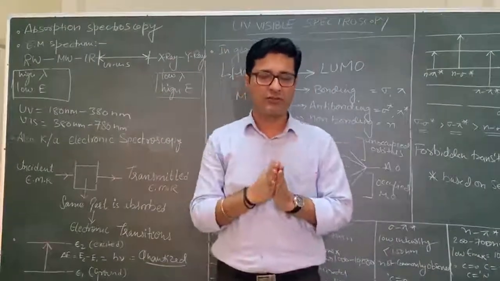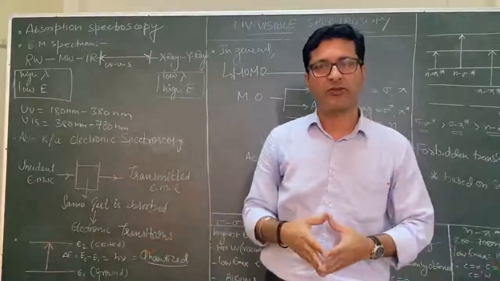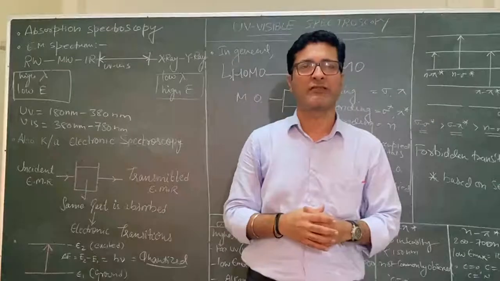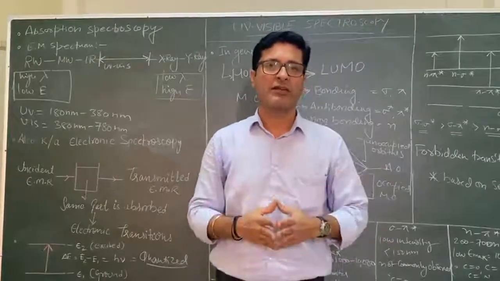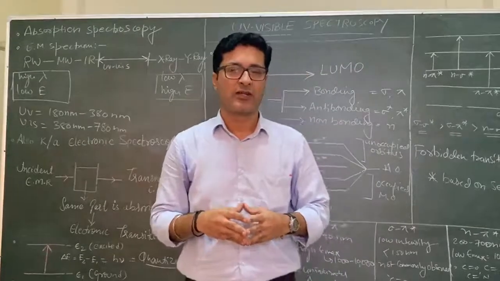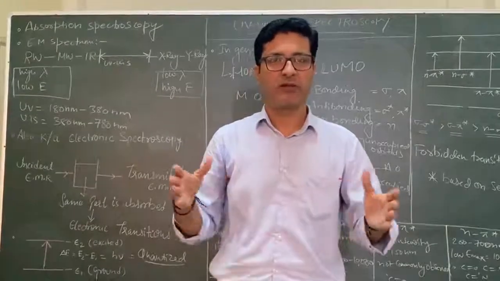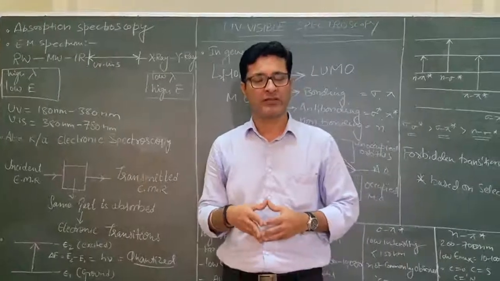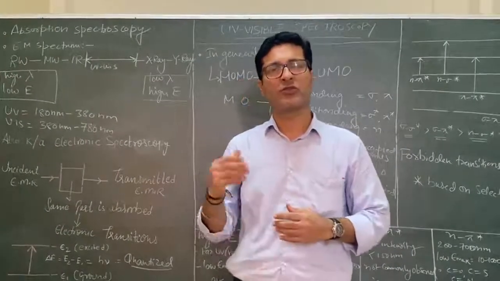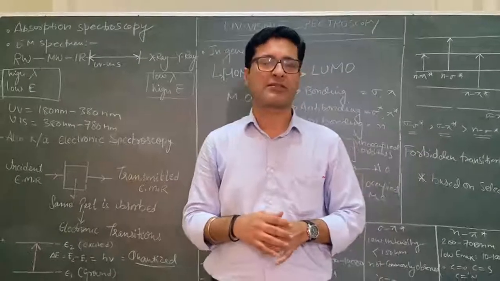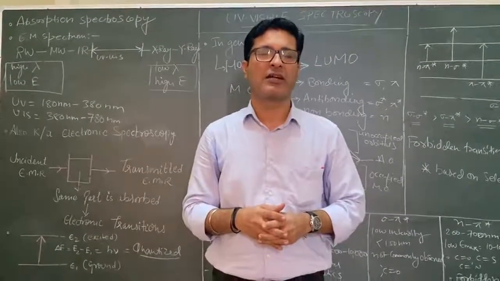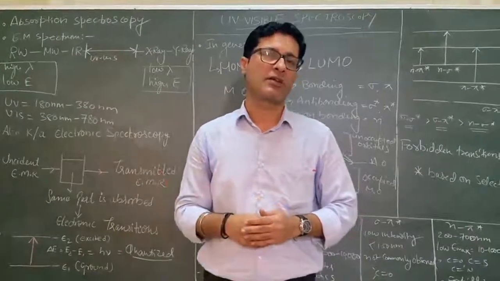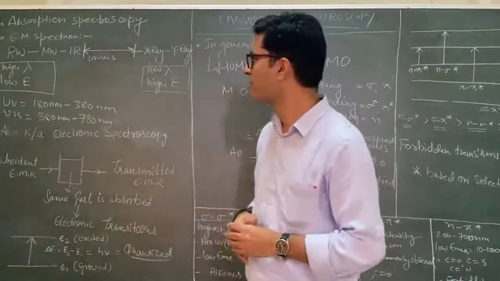Among these, UV and visible rays fall between the IR and the X-rays, and their wavelength mainly ranges from 180 nanometer to 780 nanometer, in which 180 to 380 nanometer comprises ultraviolet light, and 380 to 780 nanometer comprises visible light.